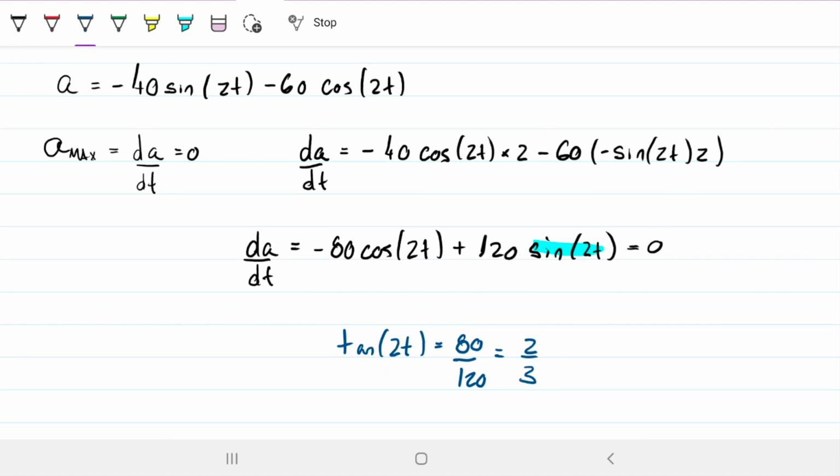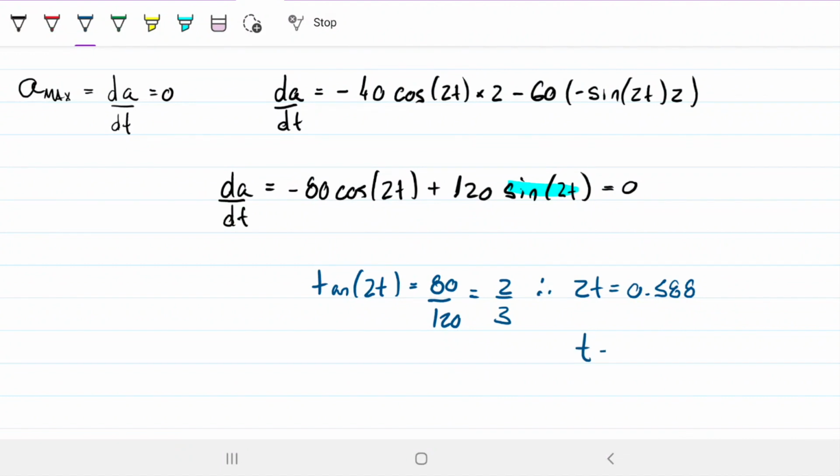And once again, we're doing arctangent. So we're going to get that 2t, do arctangent, then we get 2t equals 0.588 seconds. So that means that t is approximately 0.294 seconds. Okay, so that's the time at which the acceleration is maximum.